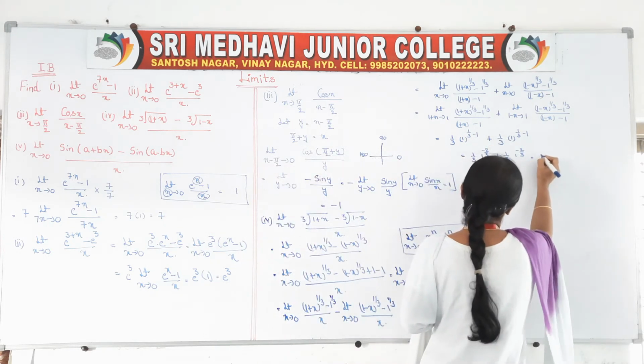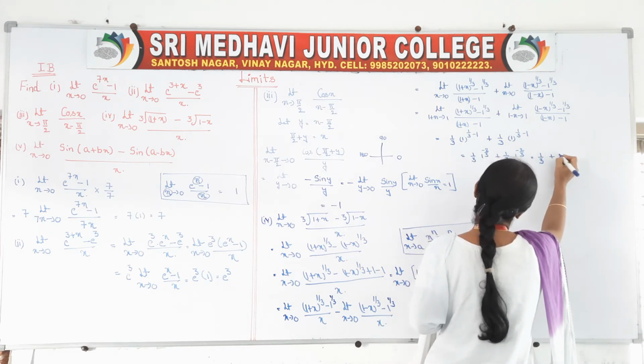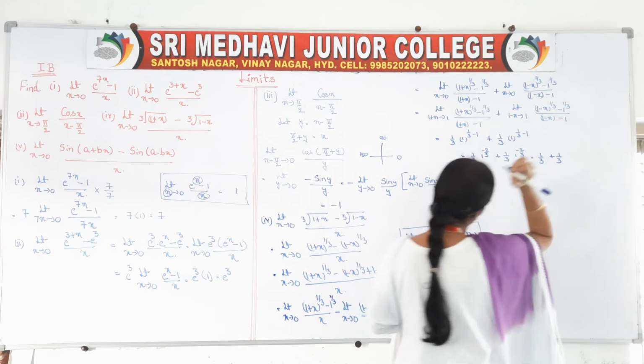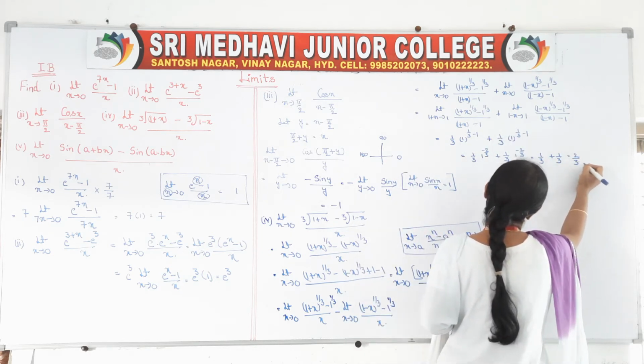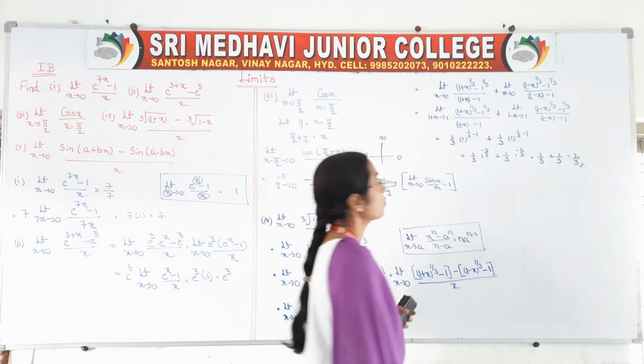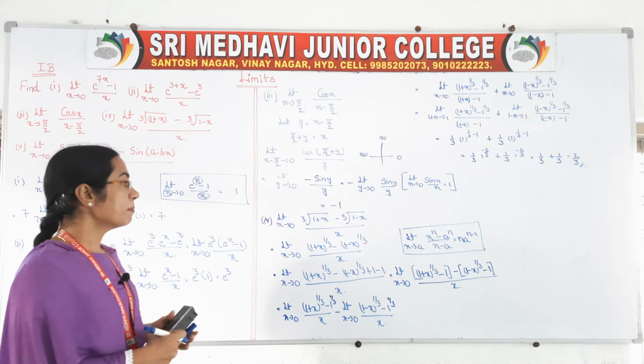So it is 1 by 3 into 1 is 1 by 3, same thing again, 1 by 3. Equal to 2 by 3 is the answer of your third question.